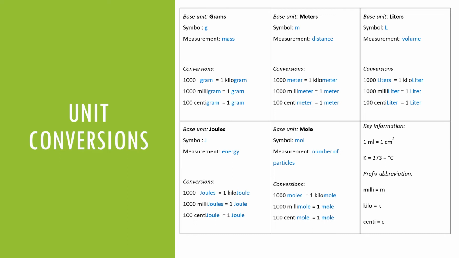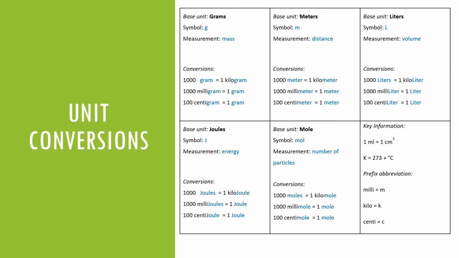Now, if we're talking about bigger units like a kilogram or smaller units like a milligram, then we use prefixes. So kilo, we can abbreviate with a K and it means 1,000 times bigger than your base unit. And milli, we abbreviate with a lowercase m, means 1,000 times smaller than your base unit.